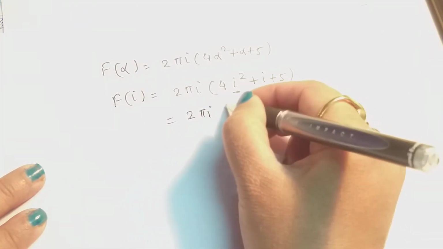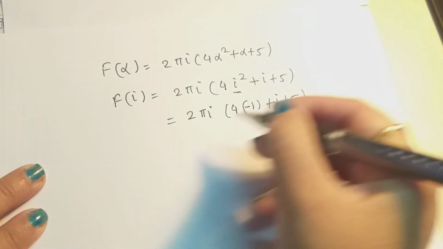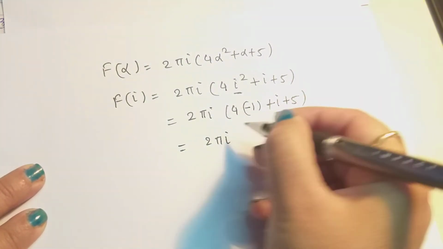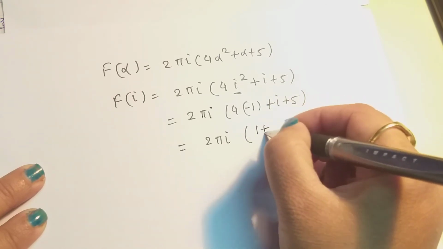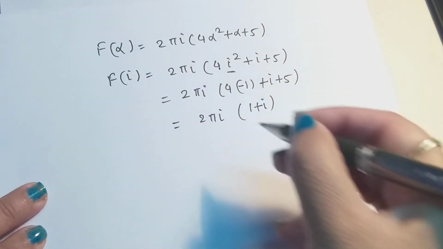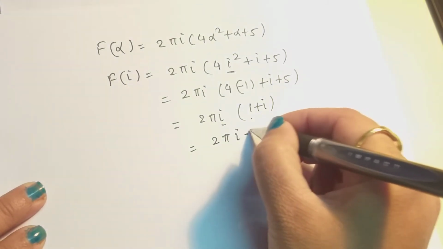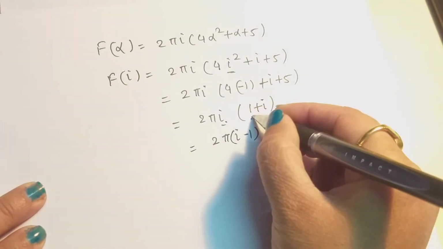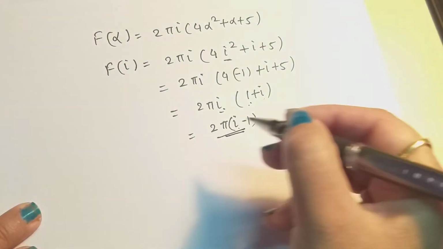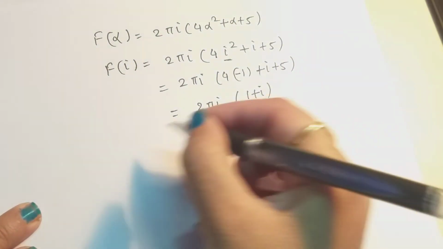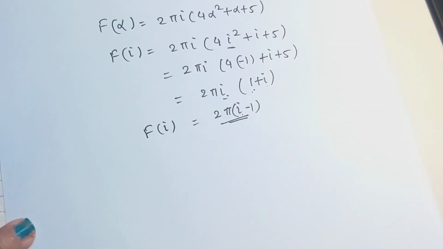So 2πι(4 × (−1) + ι + 5). That means 2πι(1 + ι). We open the bracket: 2πι plus 2πι², and ι² is −1. So we get this value, 2πι − 2π, for capital F(ι).